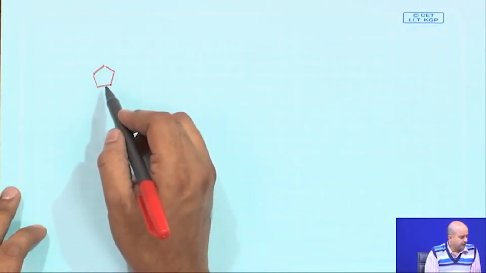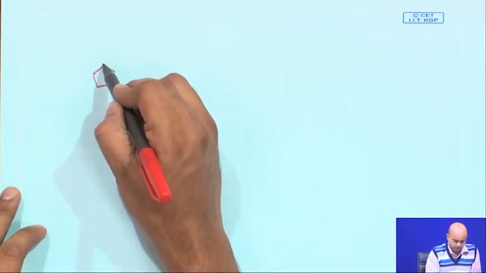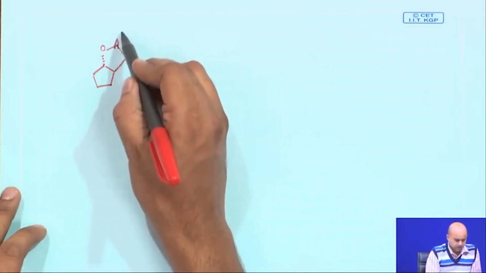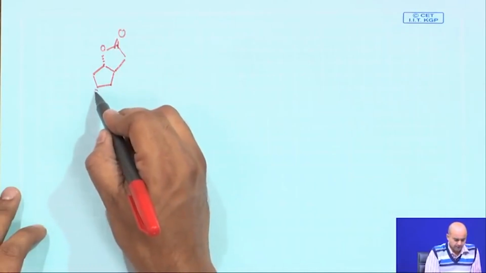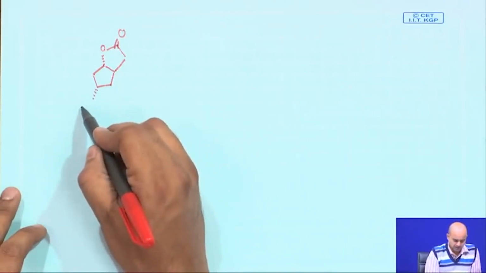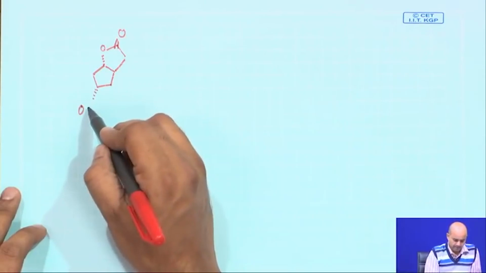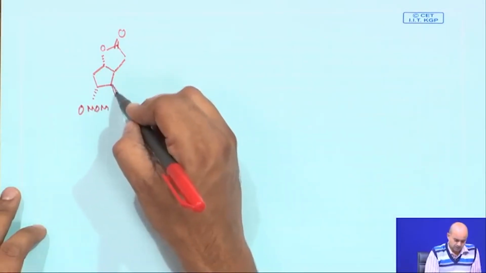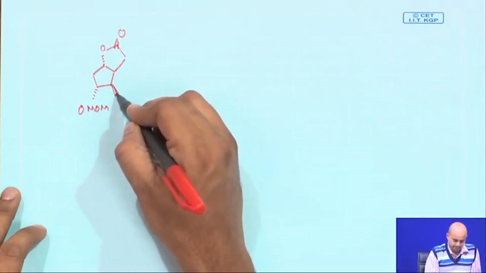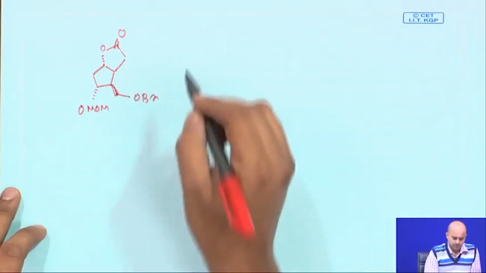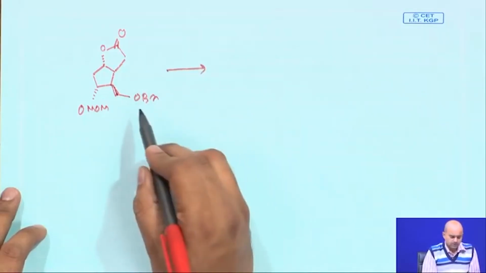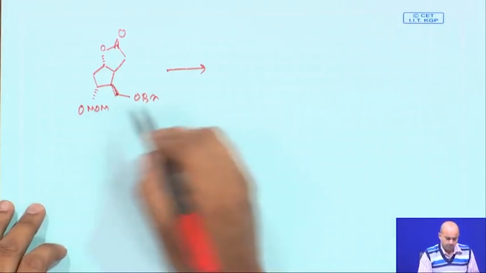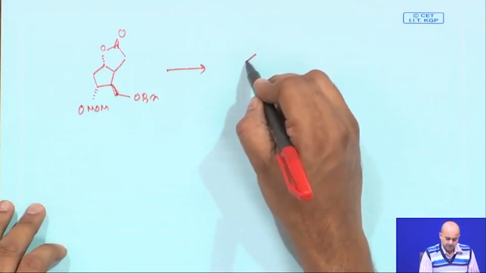We will have a structure something like this, a bicyclic ketone. Then I say you have to convert this compound, which has a MOM and a benzyl.